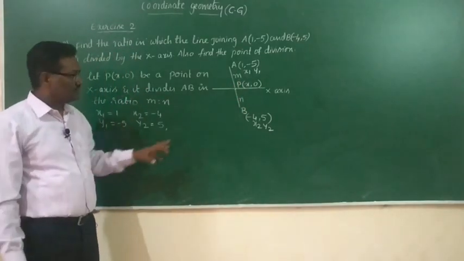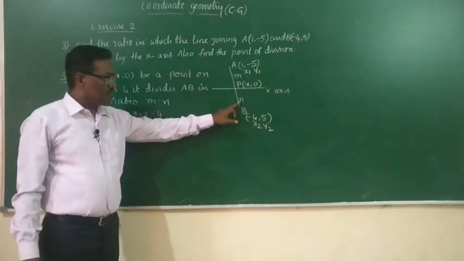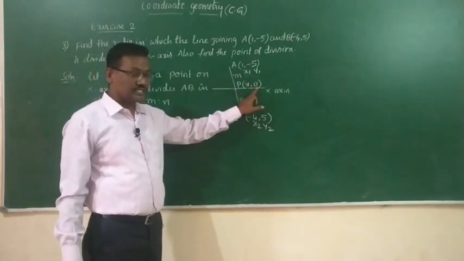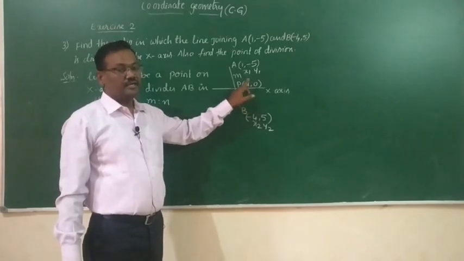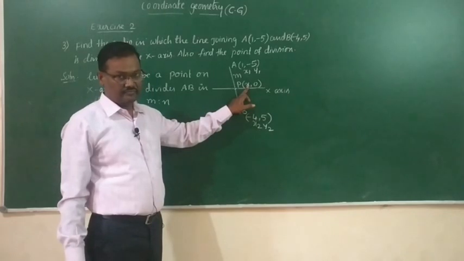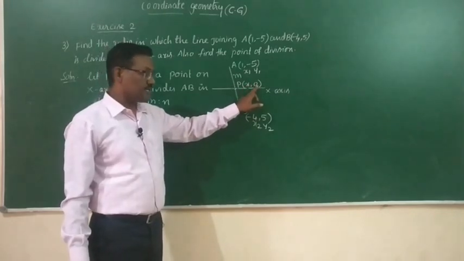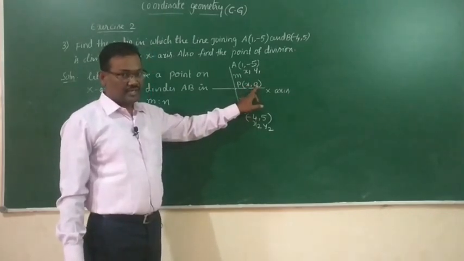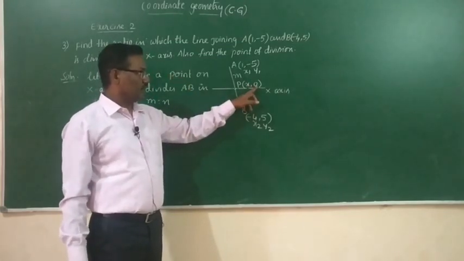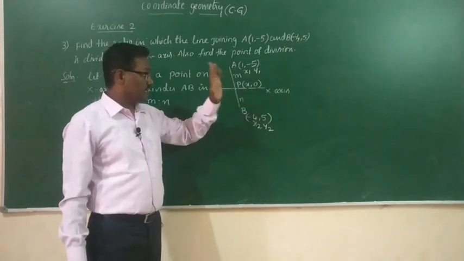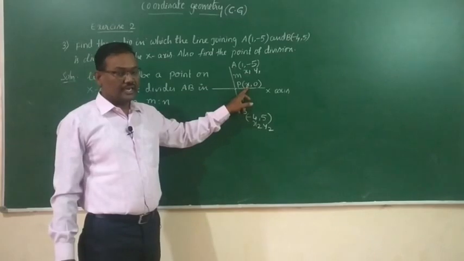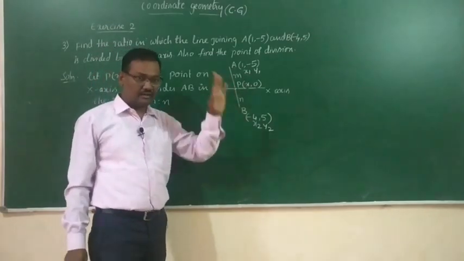For finding the ratio, we can use either the x coordinate or the y coordinate of the section point. But in this section point, the x coordinate is a variable and the y coordinate is a constant value, 0. Therefore, for finding the ratio, we can only use the y coordinate of the section point, not the x coordinate, because it is a variable.